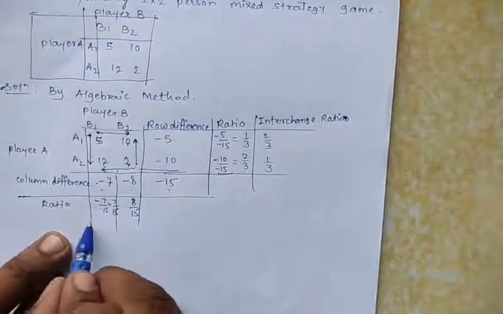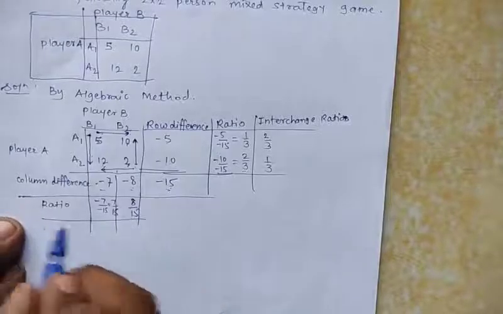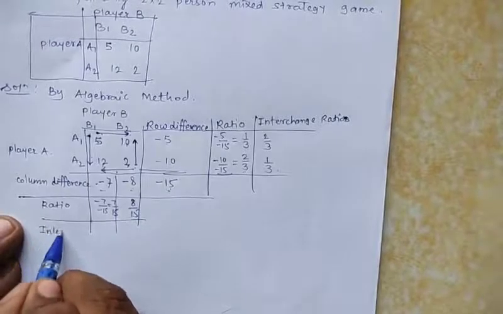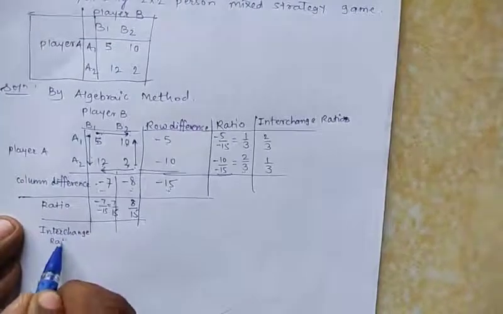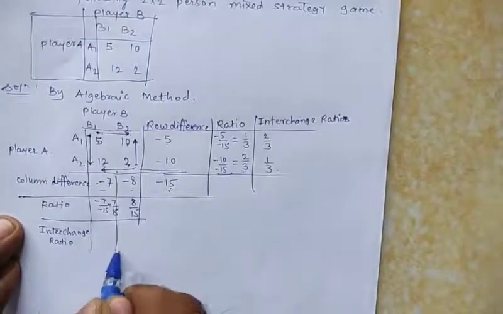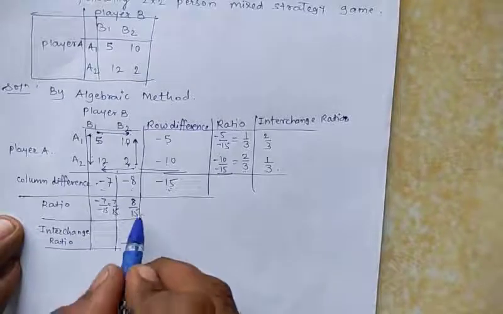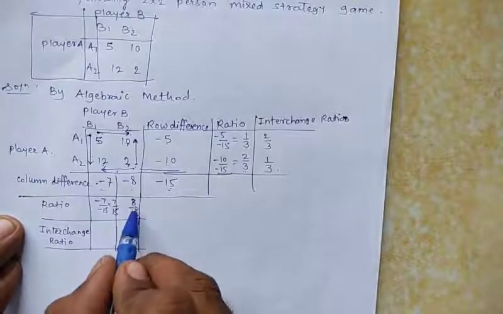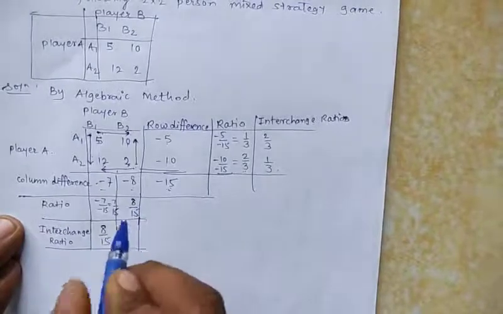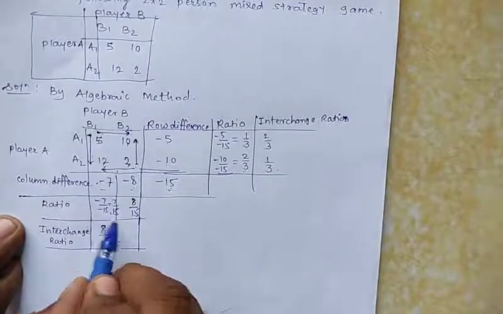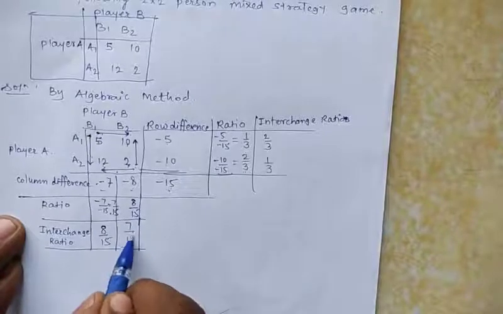And next, interchange the ratio. After interchanging the ratio, we write down the value of the second column as the first column, 8 by 15, and write down the first column value as the second column, 7 by 15.